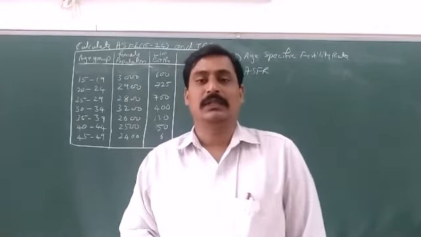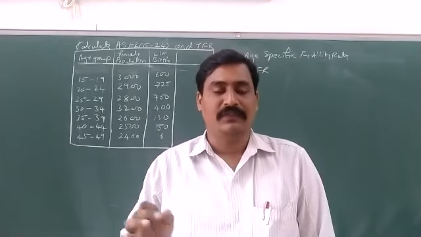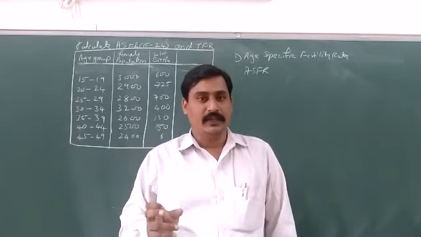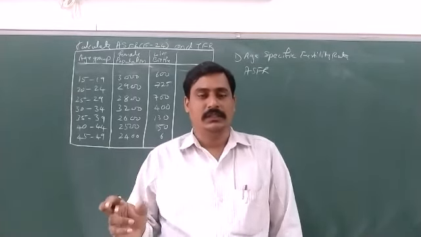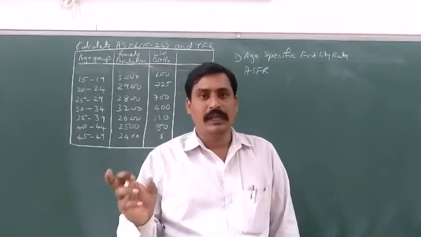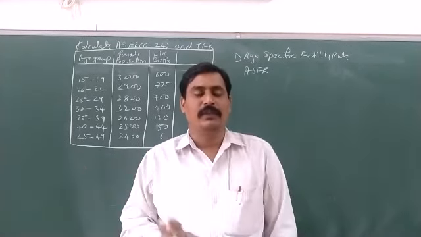So first, let us discuss what is ASFR, age specific fertility rate. The name itself indicates that here fertility rate is calculated for individual age females or a particular age group of females.